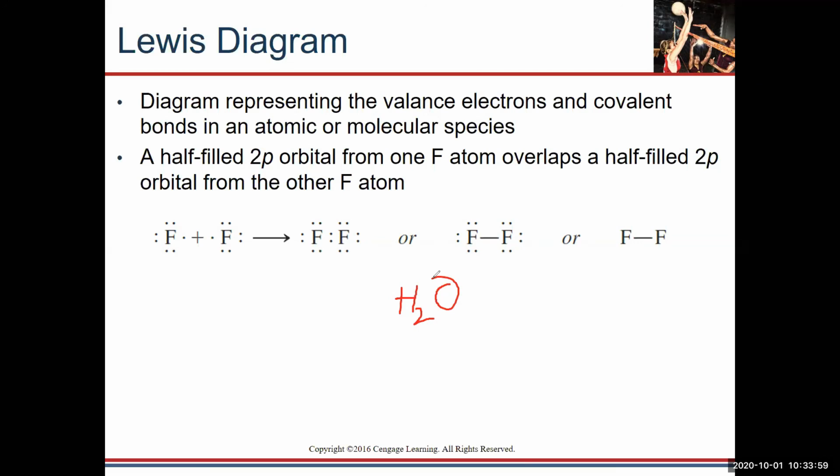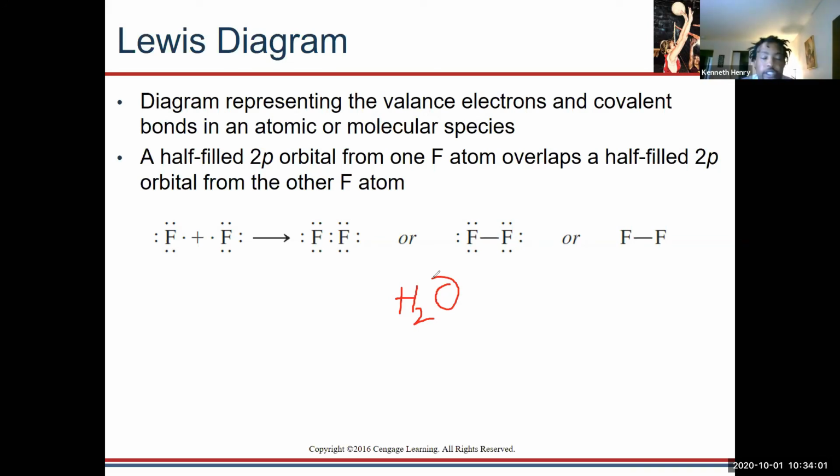Hydrogen will never be in the middle because hydrogen only needs one more electron to be like a noble gas. That means it can only form one bond, okay? So in the case of H2O, who's going to be in the middle? Oxygen.